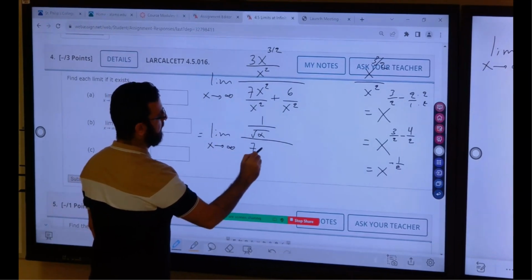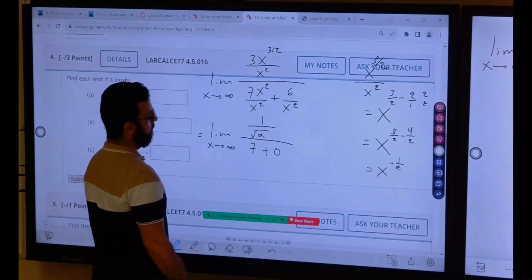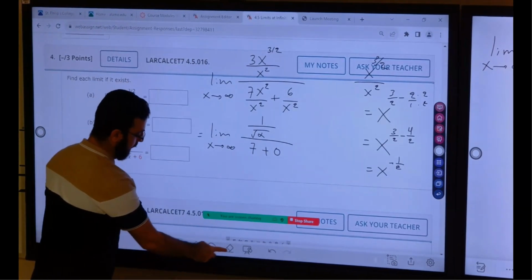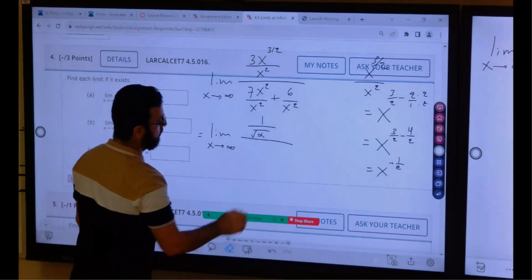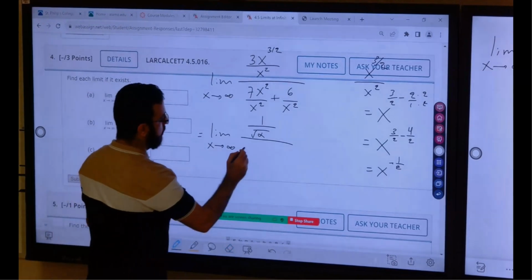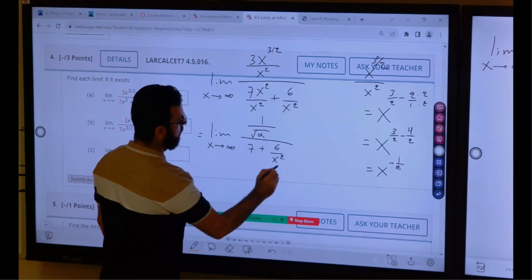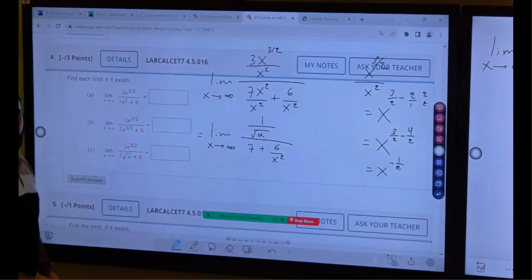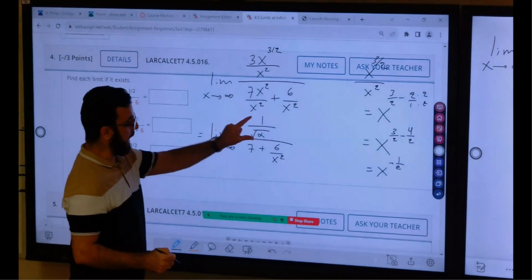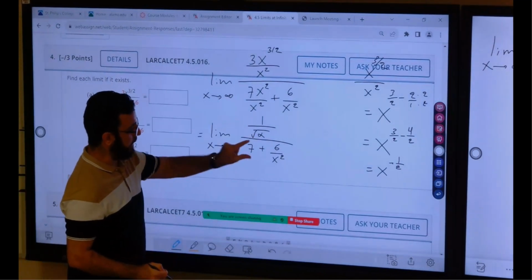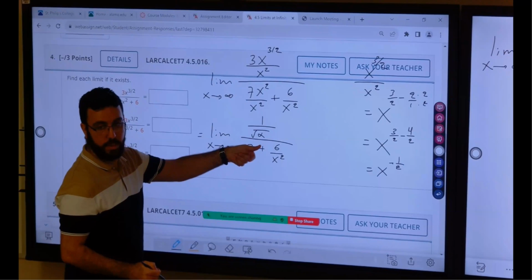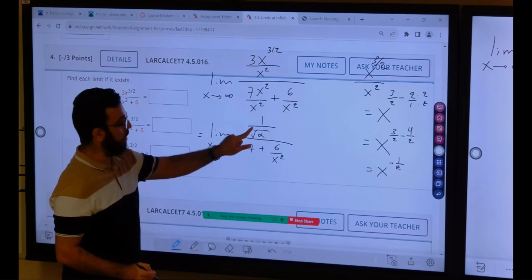Over the left here, 7 plus 6 over x squared. I have to write it down because I didn't take the limit yet. Now what's the next thing? Before that, I'm going to write this down. I'm going to flip this one. How much is the limit here?